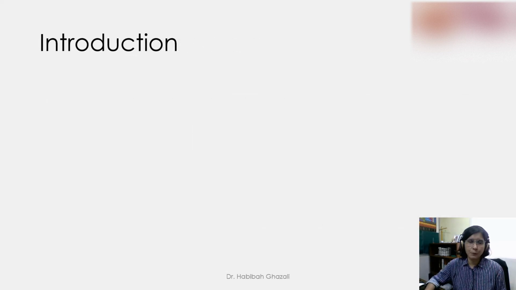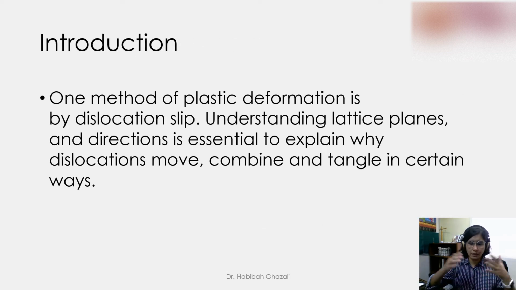As for now, I'm pretty sure all of you already know the concept of plastic deformation. So when the stress induced inside the materials is higher than its yield stress, plastic deformation will happen. And during this plastic deformation, atoms will start to move and slip along a certain direction or plane.